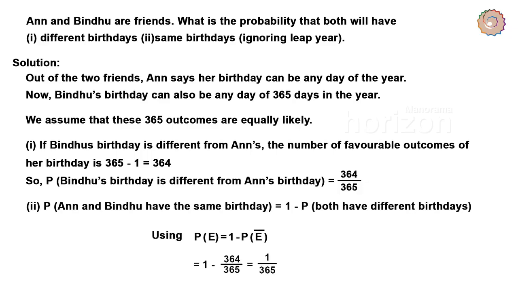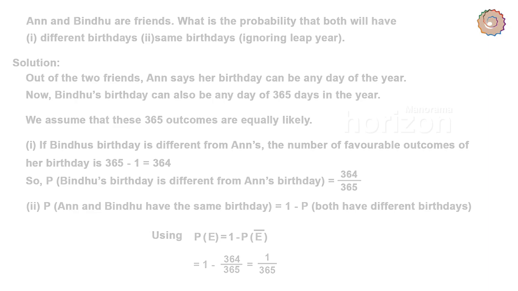Now, the second subpart: the probability of Anne and Bindu having the same birthday is equal to 1 minus the probability of both having different birthdays, which is equal to 1 minus 364 divided by 365, using P of E equals 1 minus P of not E, which is equal to 1 divided by 365.